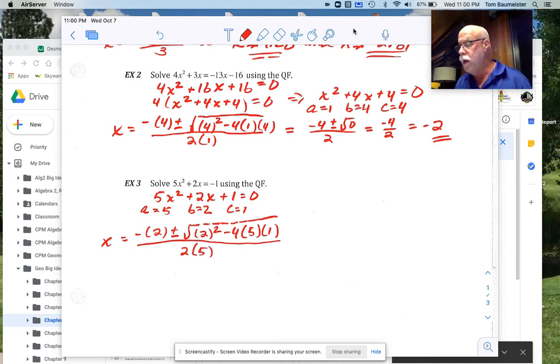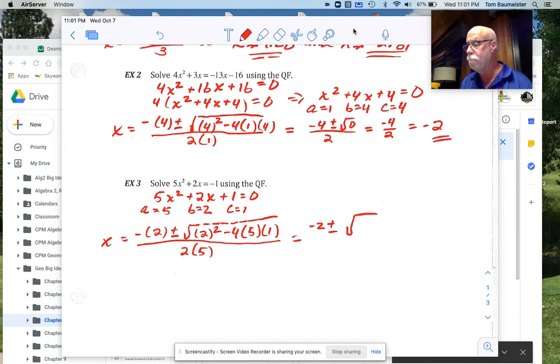All right, so on this one here, I'll have negative 2 plus or minus the square root of, well, 2 squared is 4, and then 4 times 5 times 1, that's 20.